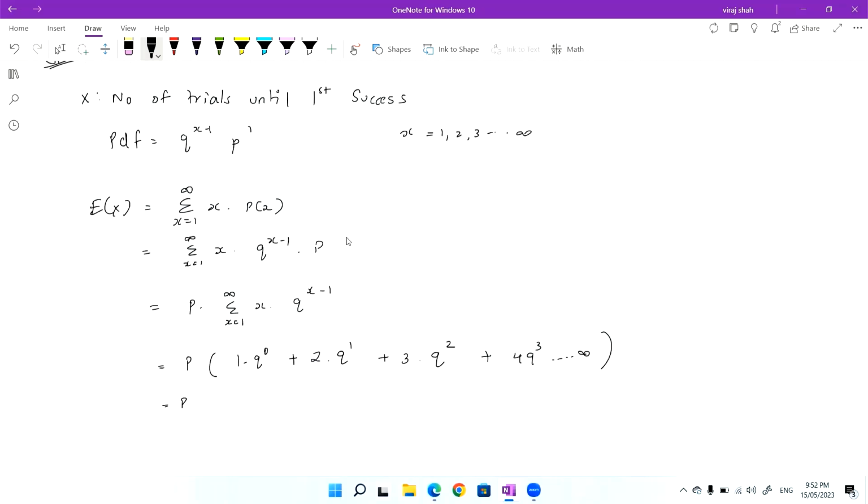Let me write this in a simplified format. So this is nothing but 1 plus 2q plus 3q square plus 4q cube, so on till infinity.